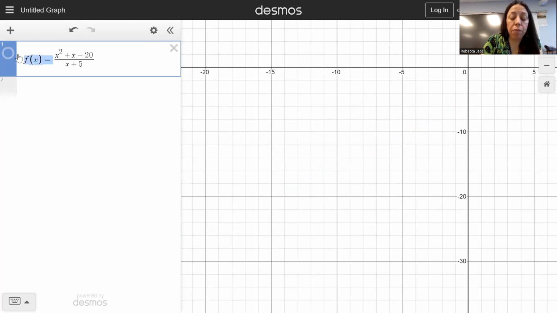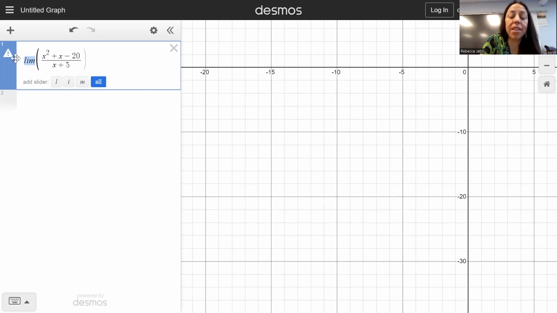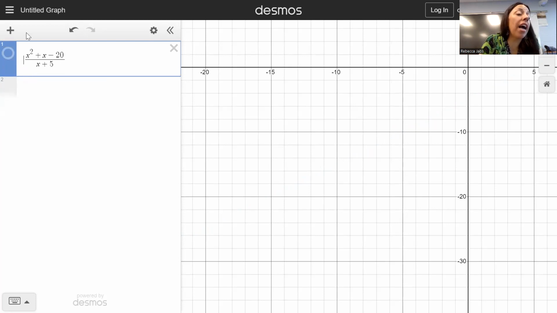The problem would have probably said, find the limit here. And then underneath here, it would have said as X is approaching -5. Well, anytime it says limit, you actually kind of can think, like I said, about typing in -5. So let's type in -5 here.